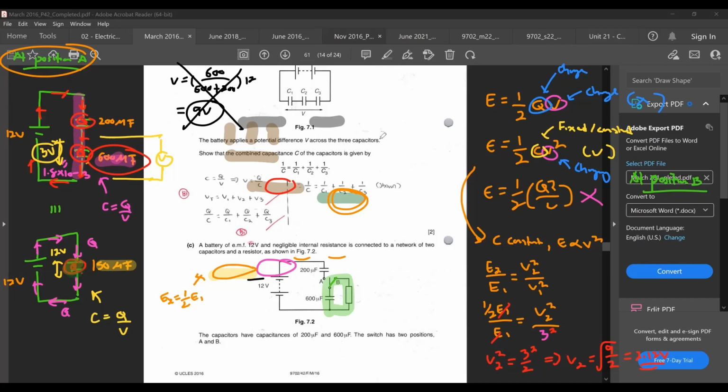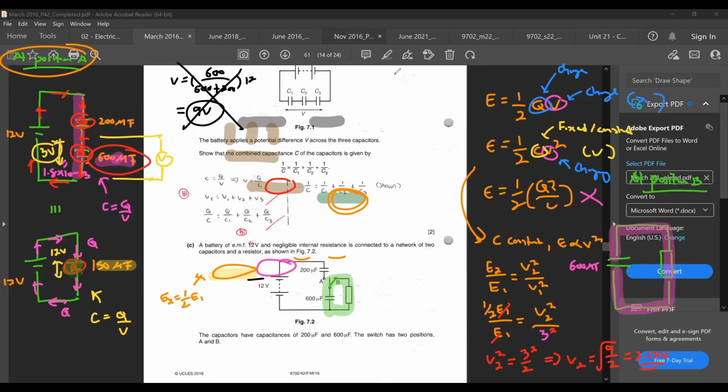Your 600 microfarad capacitor is actually discharging. If I draw your circuit at switch position B, this is what is happening now. You are no longer connected to your voltage supply. Your 600 microfarad capacitor is now directly connected to a resistor. It will actually now discharge.